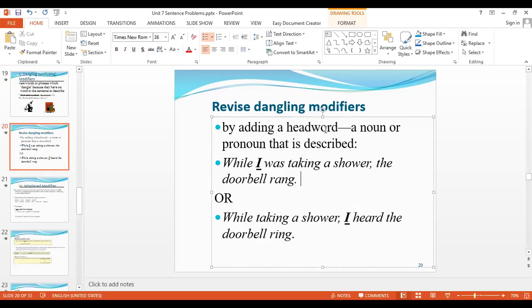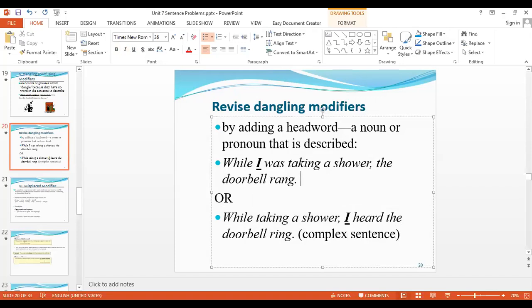The first one, just add subject and verb to the dangling part, and the second one, change the second clause to have a clear subject. That corrects the dangling modifier. So we call it a complete sentence, and this one we call a complex sentence, not a simple sentence.